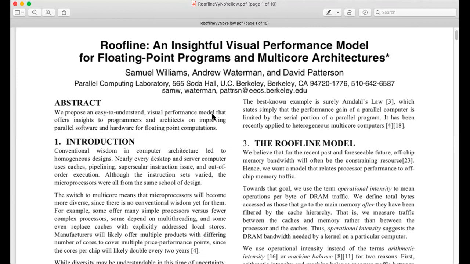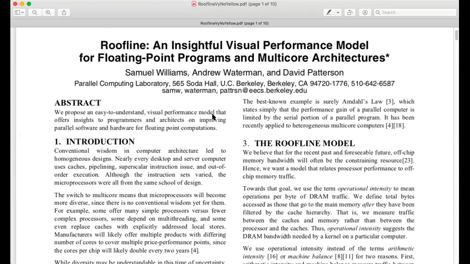Number two, what is preventing the program from achieving that peak performance?